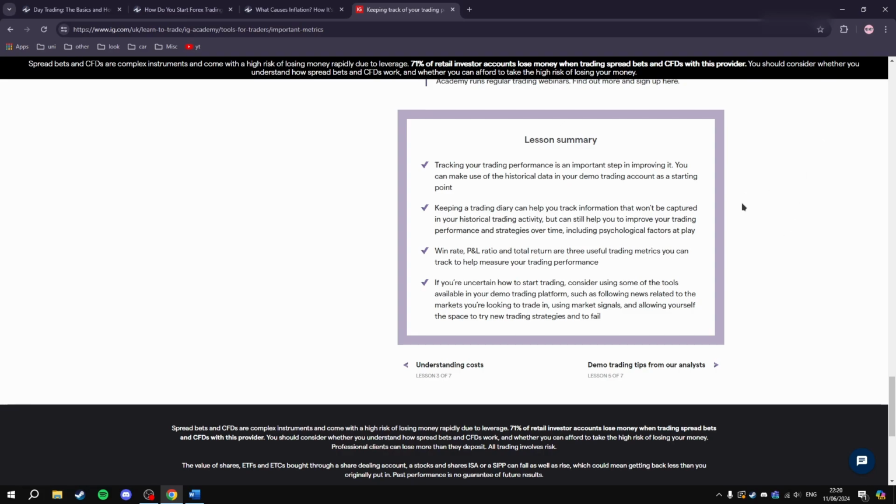Win rate, profit loss ratio, and the total return are three useful trading metrics you can track to help measure your trading performance. If you're uncertain how to start trading, consider using some of the tools available in your demo trading platform, such as following news related to the markets you're looking to trade in, using market signals, and allowing yourself the space to try new trading strategies and to fail.